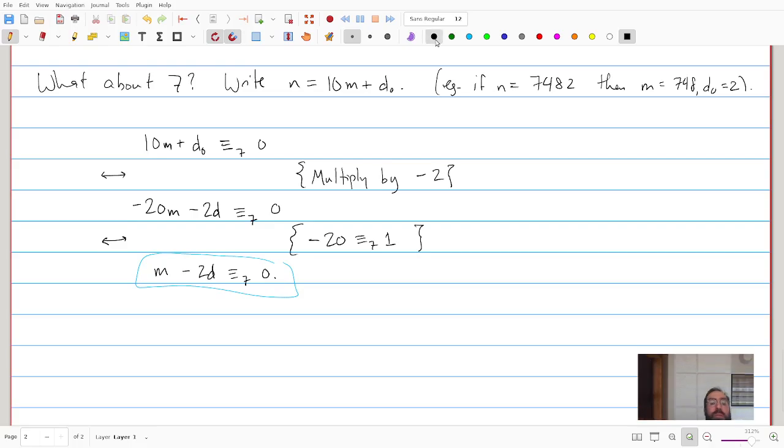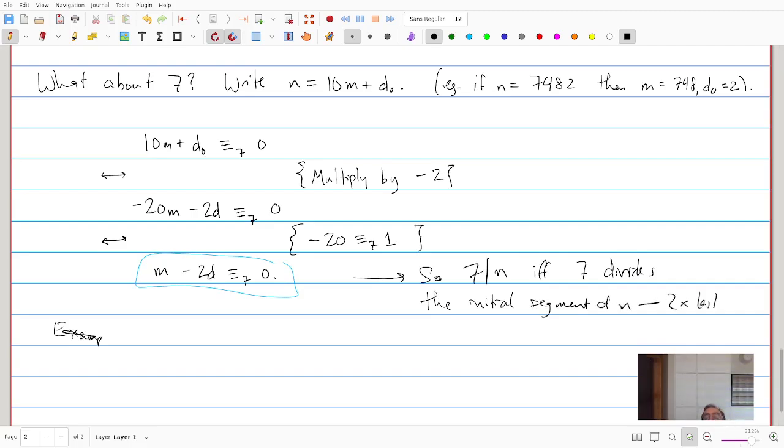So let's do an example. Let me just say: 7 divides n if and only if 7 divides the initial segment of n minus 2 times the last digit.